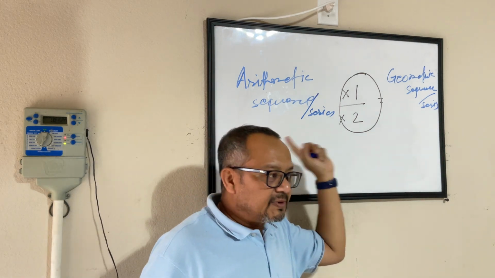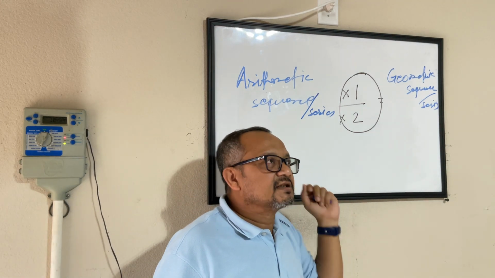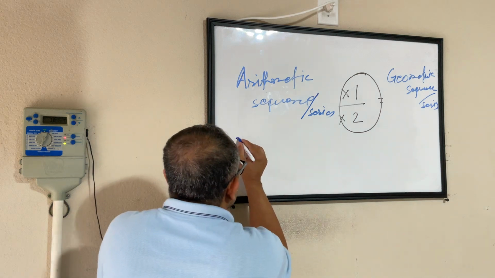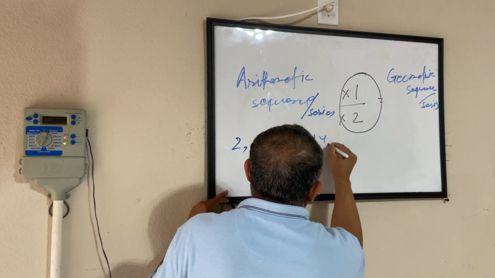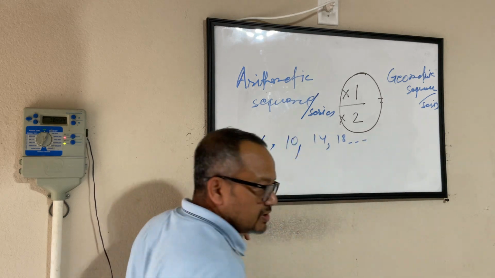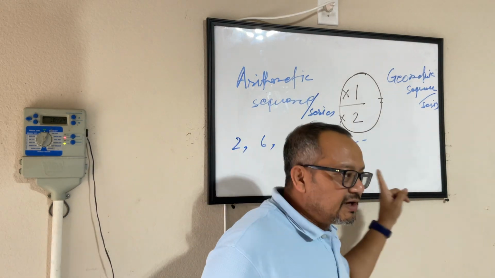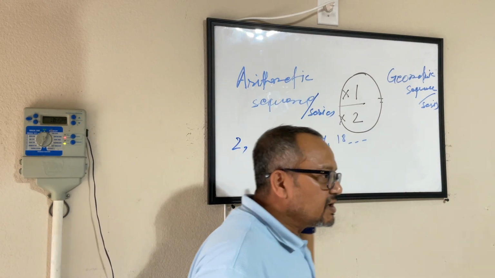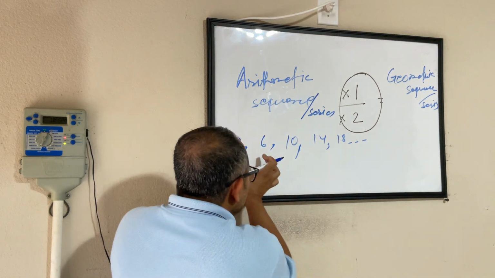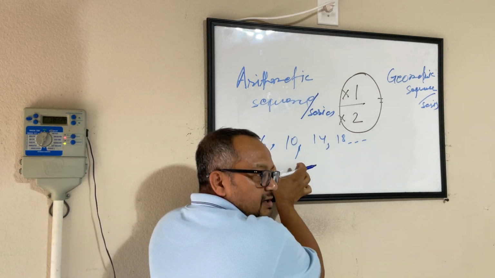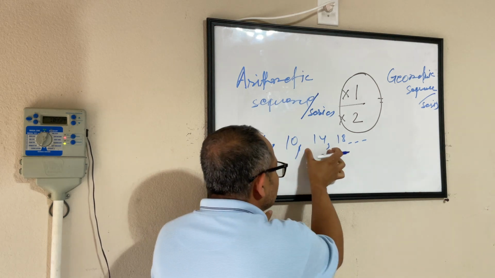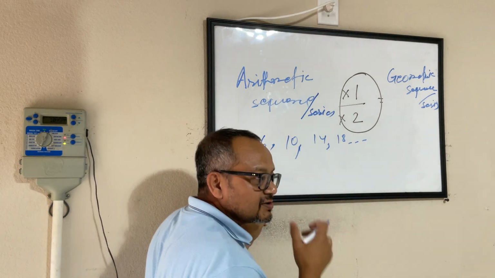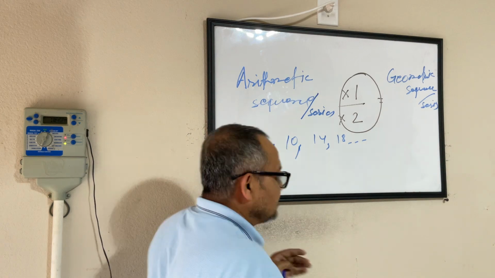Now when you look at arithmetic series, let's say what is a sequence. Let's say 2, 6, 10, 14, 18, and so on. This is called an arithmetic sequence. The numbers are in a sequence such that every two consecutive numbers have the same difference. Since the difference between two consecutive numbers is common, it's called the common difference.